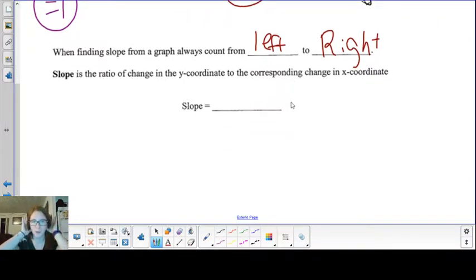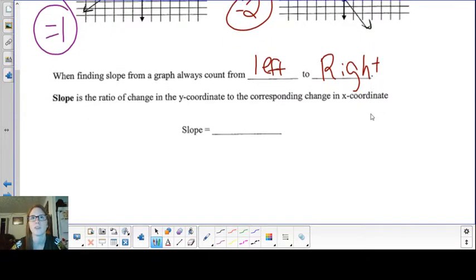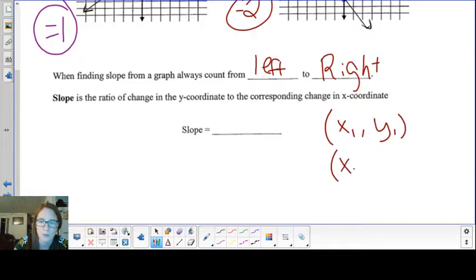Again, slope is a ratio of change in y over change in x, and we're not always given a graph. I could easily graph 2 points and try and connect the lines, but sometimes I'm given 2 different points. So say I'm given the points x1, y1, and x2, y2.